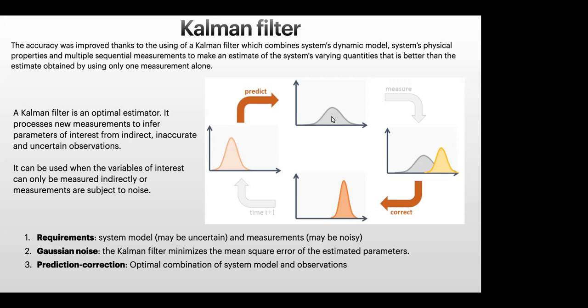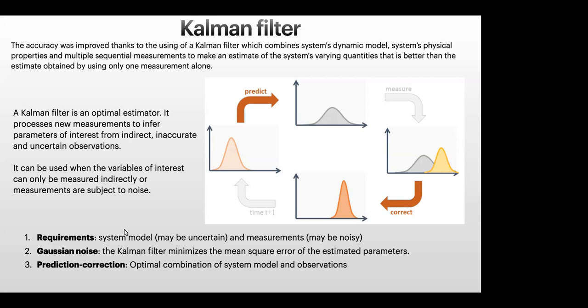This prediction is based on the physical properties of the system. In our case, it is mainly based on the inertia of the system. Then we can make the measurement, and correct it by comparing the prediction and the measurement, and so we can move on.